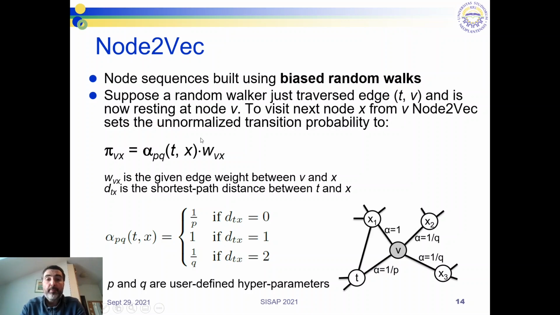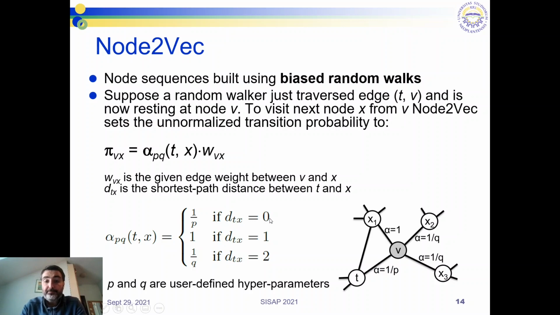So the unnormalized probability of transitioning to a particular node is given by this expression here, where this W is just the weight of the edge, and we assume it to be 1. So this alpha here is interesting, which depends on 2 user-defined hyperparameters P and Q. Depending on the relationships between T and the nodes under consideration, we have 3 cases.